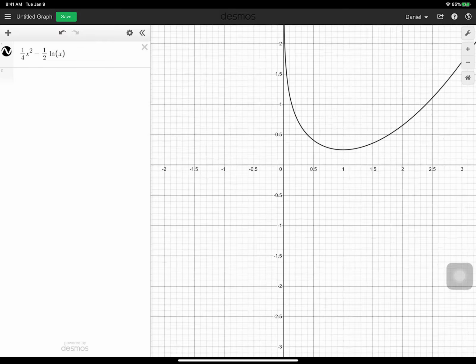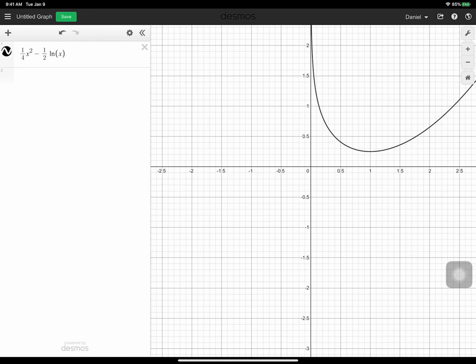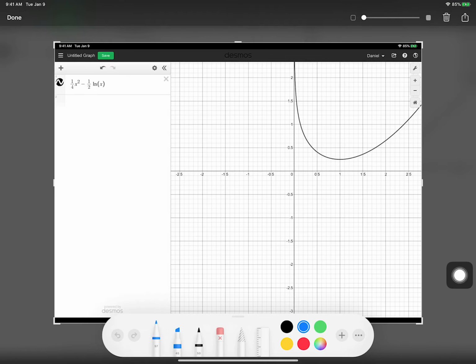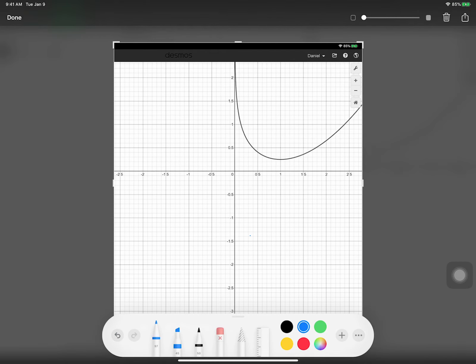So in this example, x goes from 1 to 2. This is x is 1. This is x is 2.